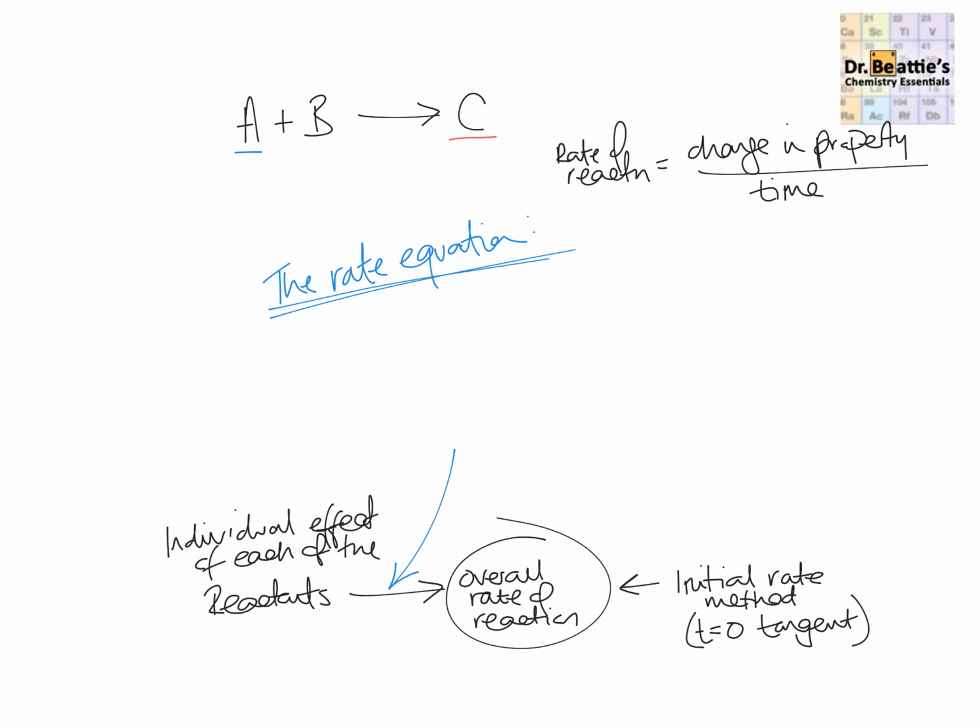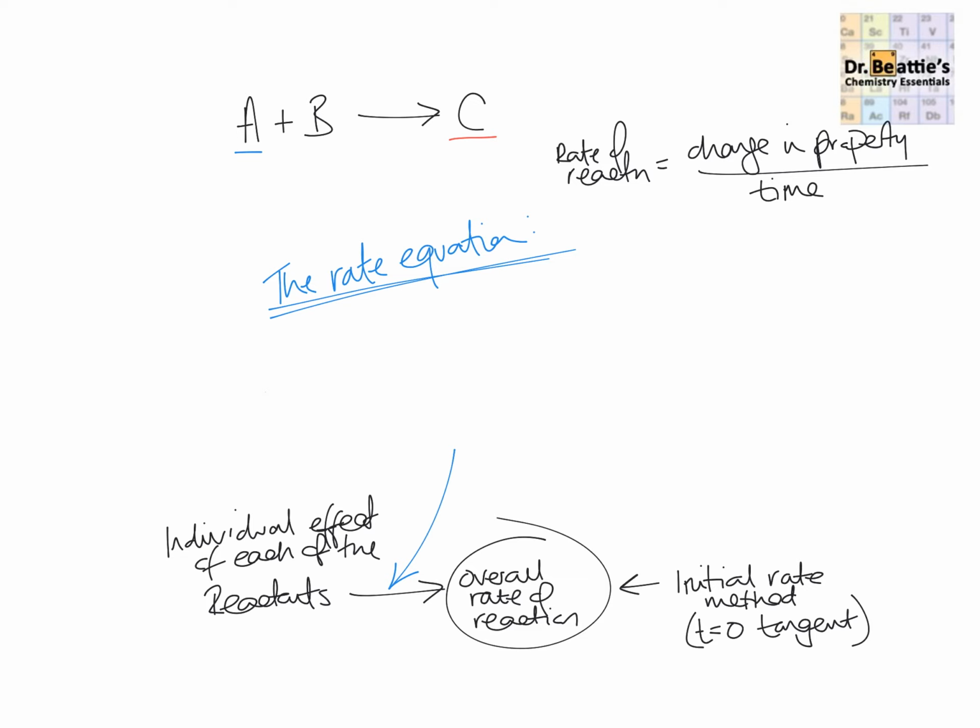So the rate equation is really an equation that's telling you how the rate is affected by each of the reactants, and specifically the concentrations of the reactants.